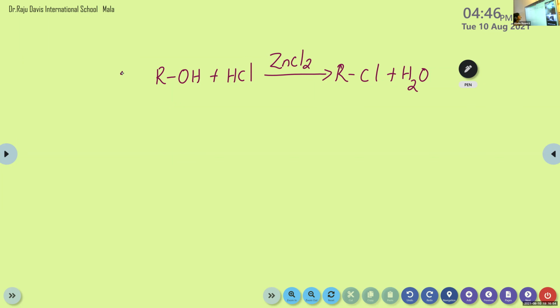It's also from alcohol. Alcohol reacts with hydrochloric acid or HCl in the presence of a catalyst zinc chloride to form alkyl halide and water.